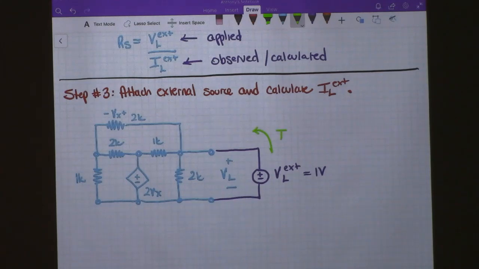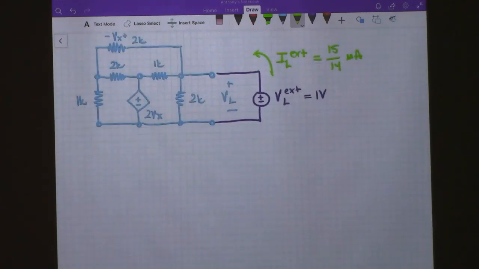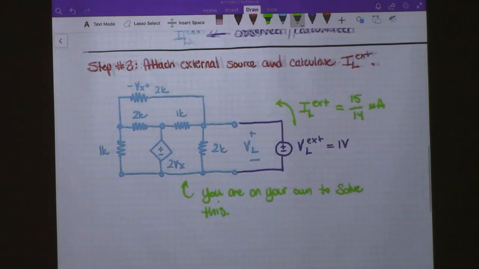So IL external is equal to 15 over 14 milliamps. And again, you are on your own to solve this. Shouldn't be anything more difficult than what you've seen before. So then step 4.